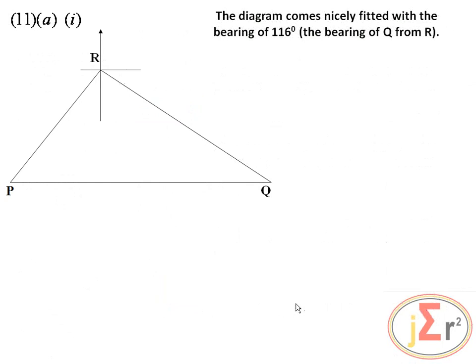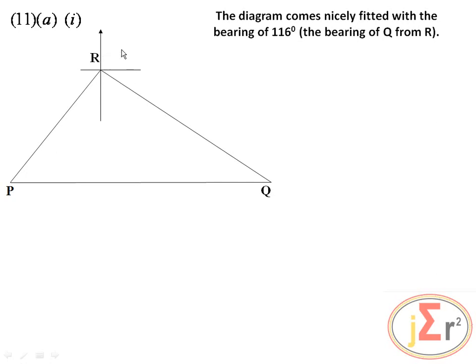The diagram comes nicely fitted with the bearing of 116 degrees, which is the bearing of Q from R. The bearing of Q is taken from R. And if that be the case, then there is required to be a line that goes from R to Q. Since the bearing is taken from R, the angle needs to be at R. Not only that, but it needs to begin at north and travel in a clockwise direction.